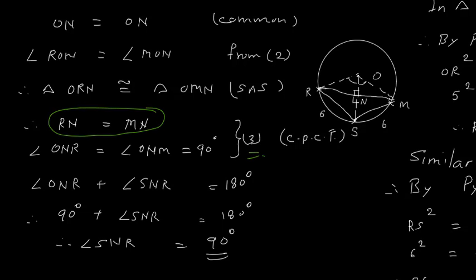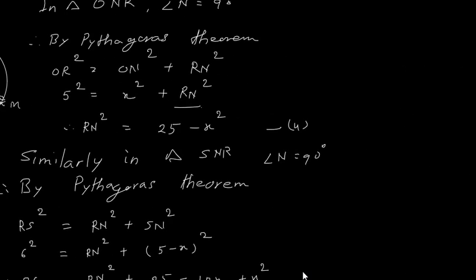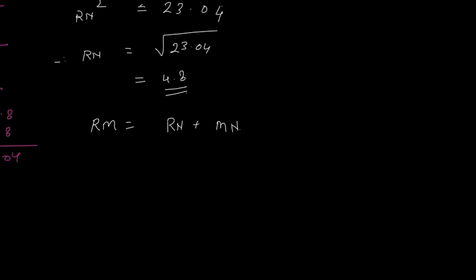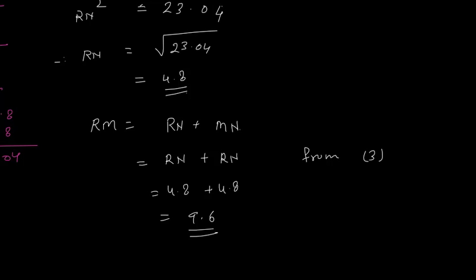So from equation 3, I replace Mn with Rn: Rm is Rn plus Rn. Rn is 4.8, so this is 4.8 plus 4.8, which gives 9.6. So this is 9.6 meter.